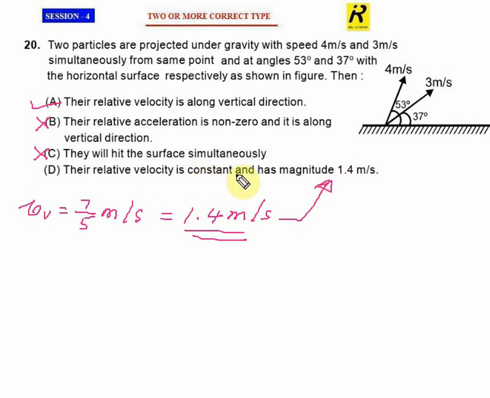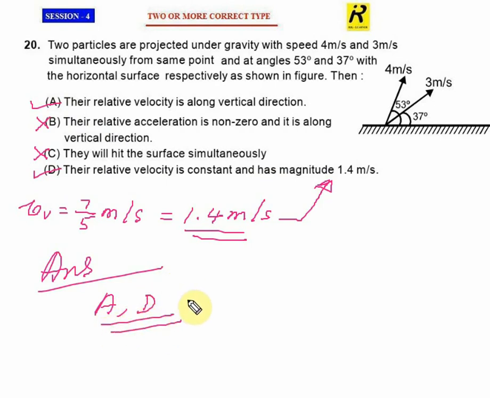The relative velocity is constant and has magnitude 1.4. So this option is correct. The final conclusion is that option A is correct and option D is correct. These two answers are correct in the given question.